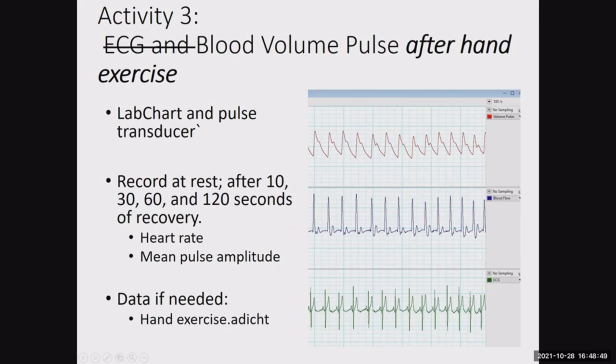Then when you've got some good measurements, stop the system and allow the subject to exercise their hand, basically squeezing their hand for a period of time. When they're done exercising, come back, start the recording, and then take measurements of heart rate and mean pulse amplitude at 10 seconds, 30, 60, and 120 seconds of recovery. Again, if there are problems with the system, we have mock data available.